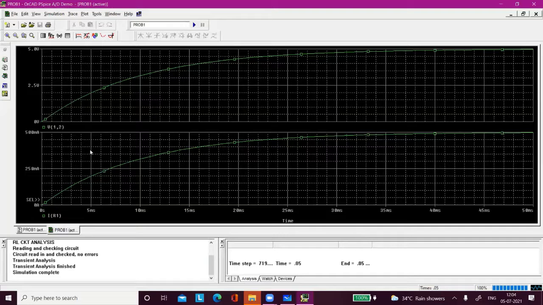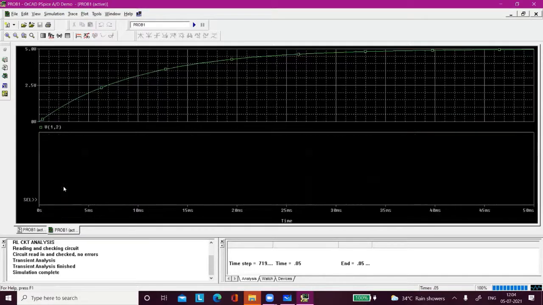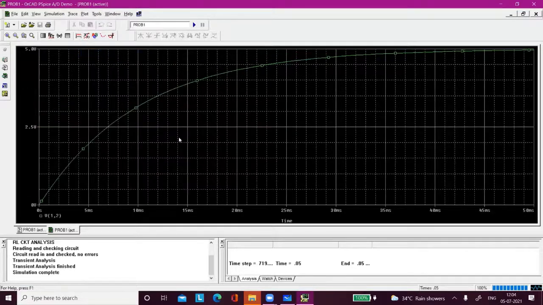So let us delete this graph for better view. Plot, delete plot. Okay, now it is better. Look, the final value across the resistance is 5 volt.